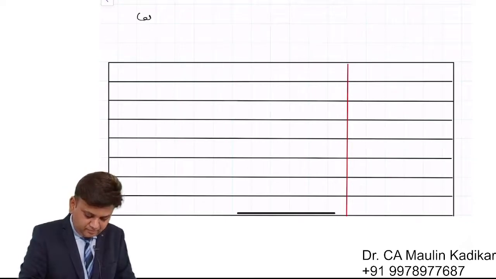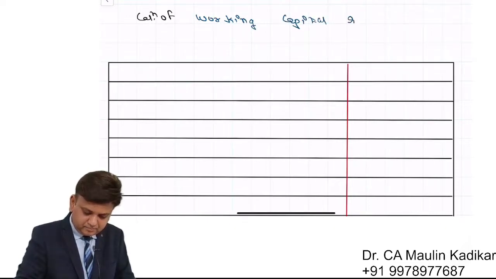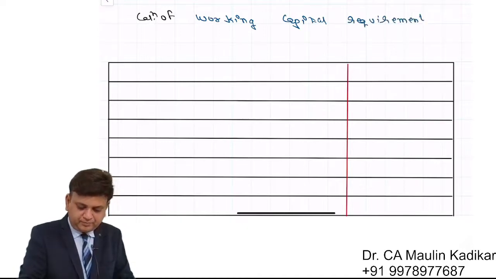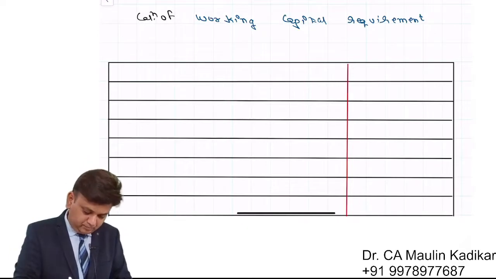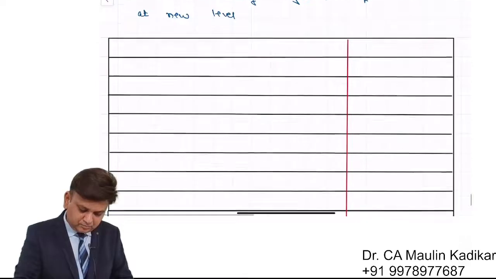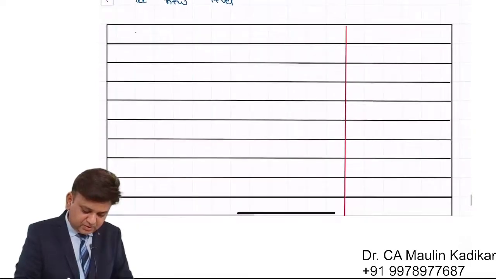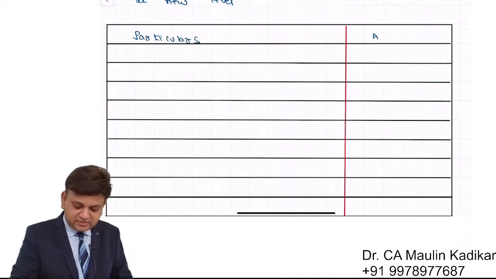Calculation of working capital requirement at new level. Column number 1 is particulars. Column number 2 is answer.